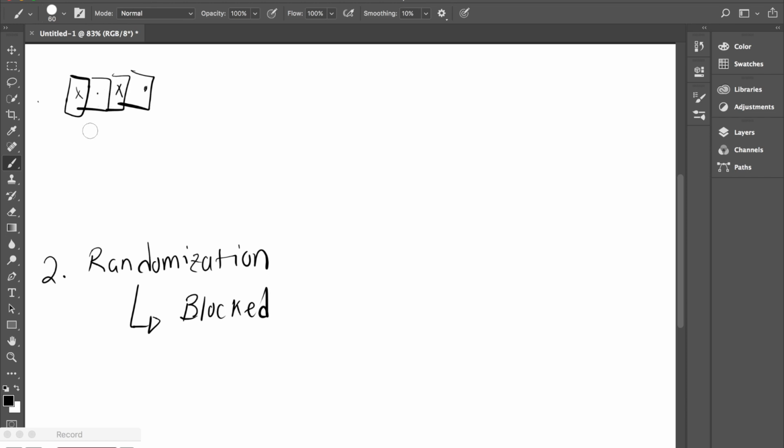Okay? And the idea for block randomization is that the computer algorithm picks a block. Okay? And let's just put our strata back here. So we had male, female, and then we had identified as other. Okay? So what happens is that our treatment and then control are balanced in the blocks, right?